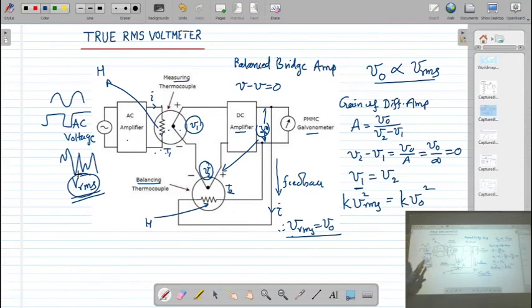So here you can measure the RMS voltage of a high frequency, as well as a very small amplitude of the signal, because at the input the AC amplifier is there. So if your input signal is on the order of a few microvolts or a millivolt, you can still produce the output voltage due to this amplifier. So these are the advantages of a true RMS voltmeter. Right?